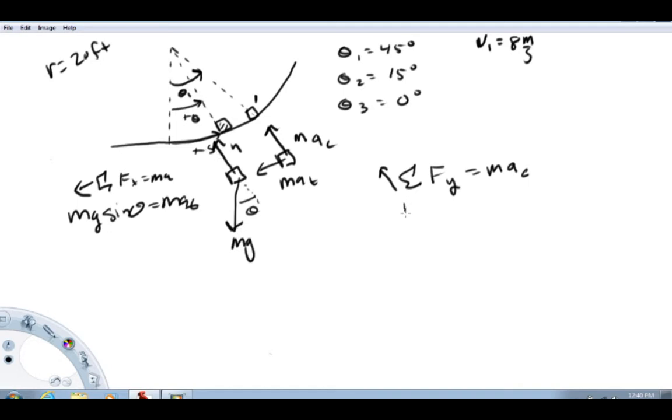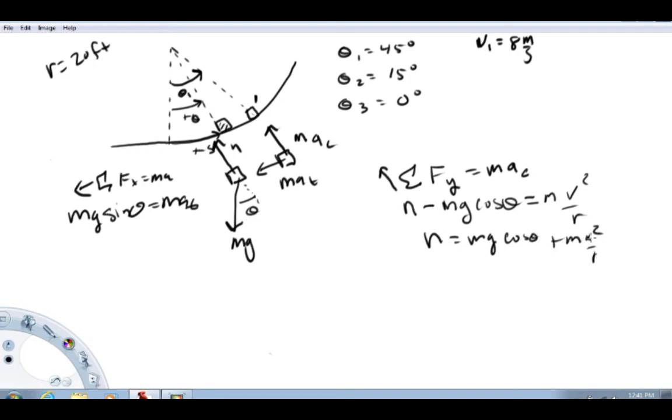So the normal is in that direction, and the component of the mg that's parallel to the normal would be mg cosine theta, minus, because the vector component of this mg that's parallel to the normal points down and right. And then equals, right now, the centripetal part. Since centripetal acceleration is v squared over r, the right-hand side can be written mv squared over r. So the normal is therefore equal to mg cosine theta plus mv squared over r.